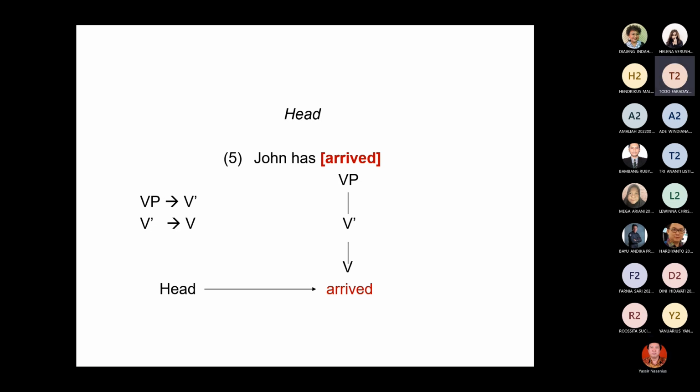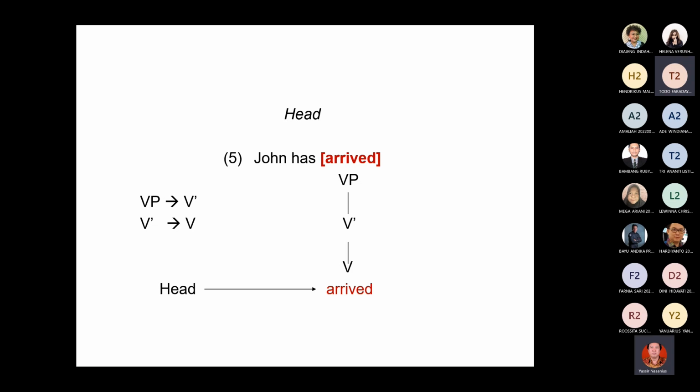The rule for this is VP consists of V bar, and V bar consists of only V.